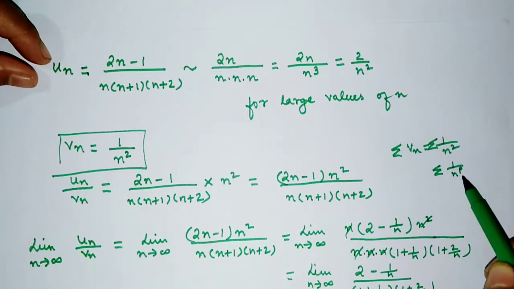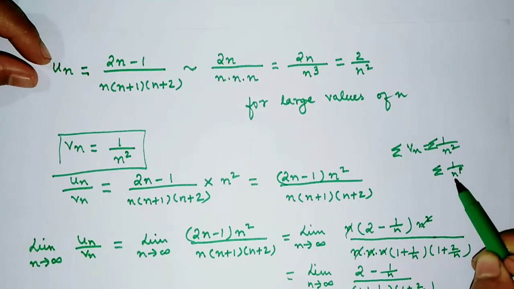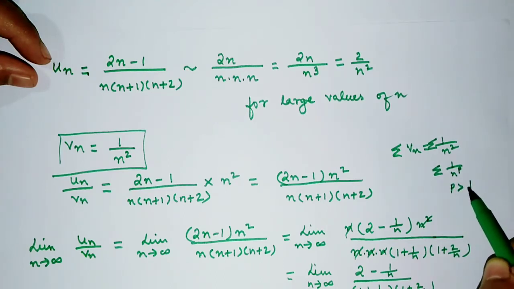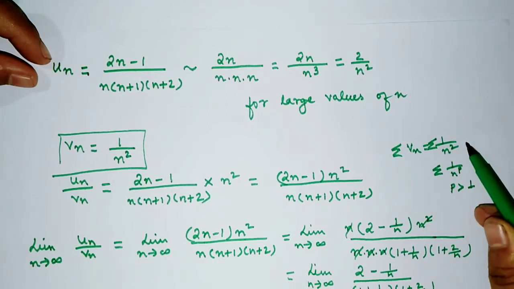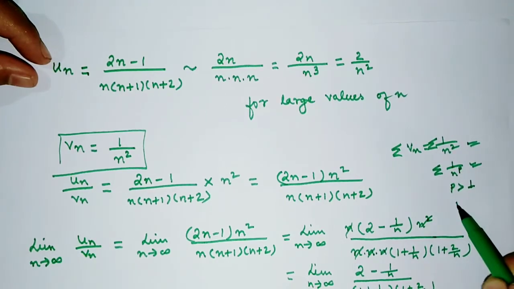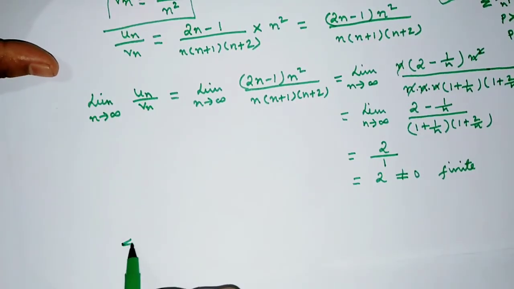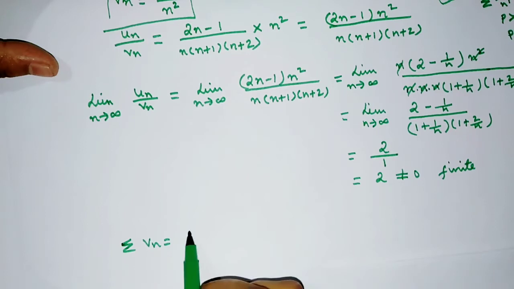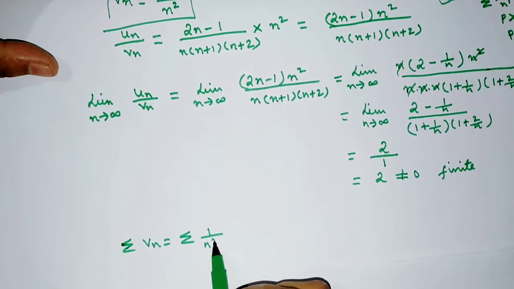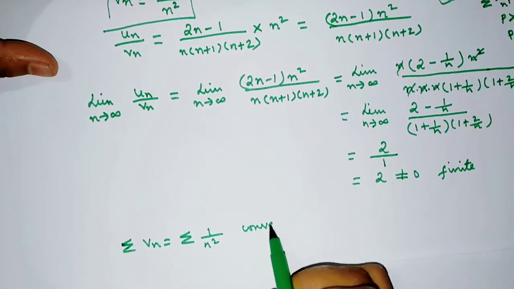And we know that the p series will converge if p is greater than 1. So comparing this one with this, we get p to be 2, and 2 is greater than 1, so this series converges.